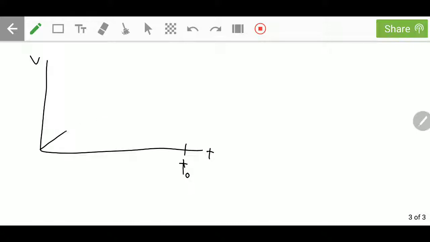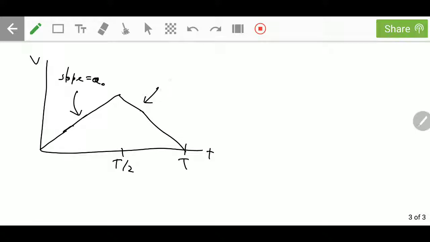So at first we will accelerate with some constant acceleration a naught, and so the slope of this line is a naught. And then halfway through, or how about, let me call this capital T. This is T over 2. And then now it will start decelerating.